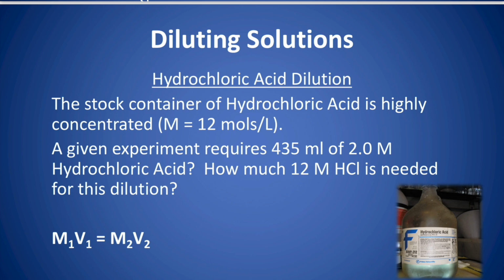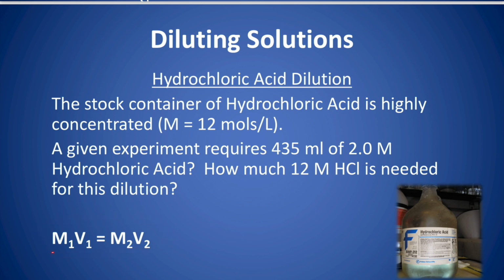So in this experiment, what they really need is 435 milliliters of just 2 molar hydrochloric acid. Well, how much of the concentrated hydrochloric acid do we need to dilute to make that? Well, luckily for us, answering those questions is very easy using our dilution equation.